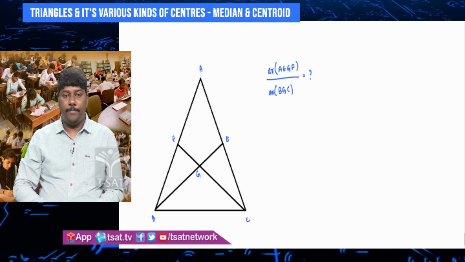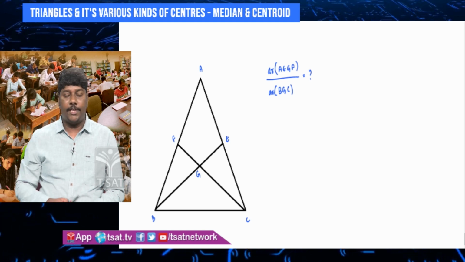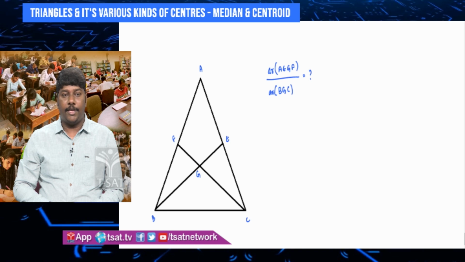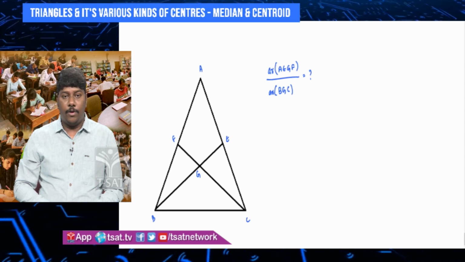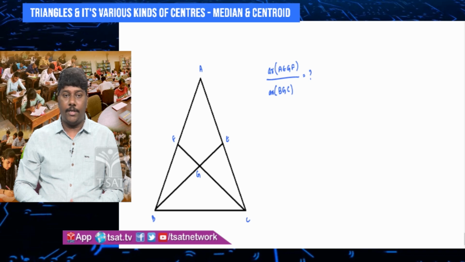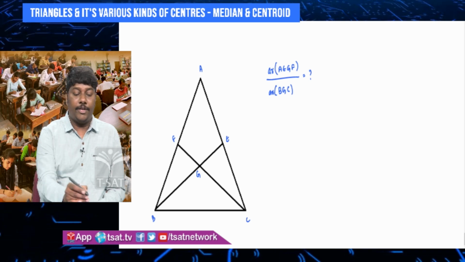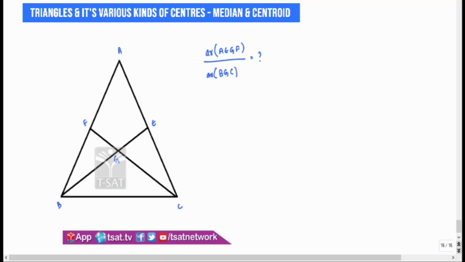Something like this is given, and in order to confuse you, they may say A is a right angle, or else this is a right angle triangle. We don't care whatever the triangle is, but always remember, if I draw three medians, these three medians divide the entire triangle into 6 equal parts. So all the areas of these triangles you see here are equal.